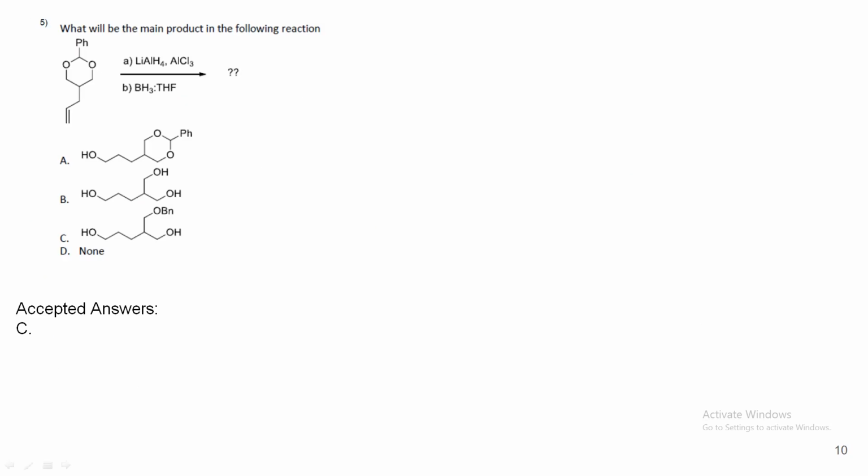Now coming to the next one. Here you can see this symmetric molecule, and it is almost similar to our previous molecule, but here stereochemistry would not be factored in, because you can pass a plane here, so it is symmetric. Both oxygens are in the same environment, so you can choose either oxygen. AlCl3 would be reacting with this, so this would be formed, then the same protection chemistry of ketals.